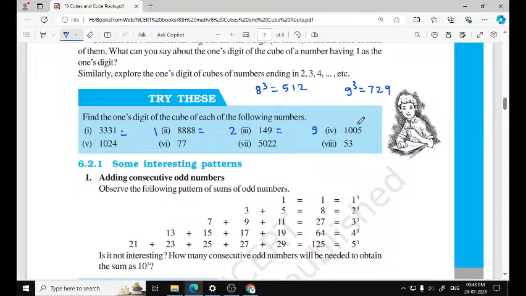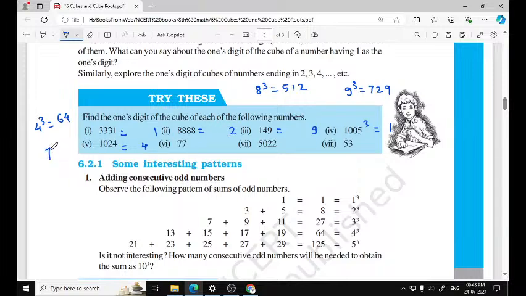Now 5 cube is 125, so the end digit of this cube is 5. Here the end digit is 4 and 4 cube is 64, therefore the cube will also end with 4.